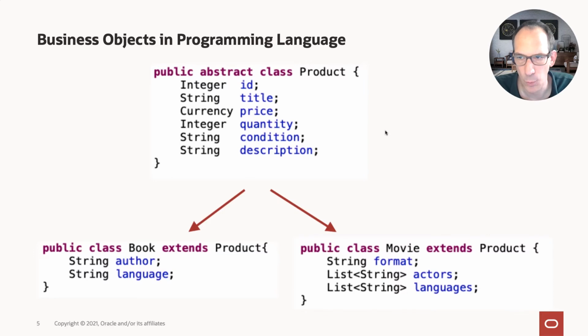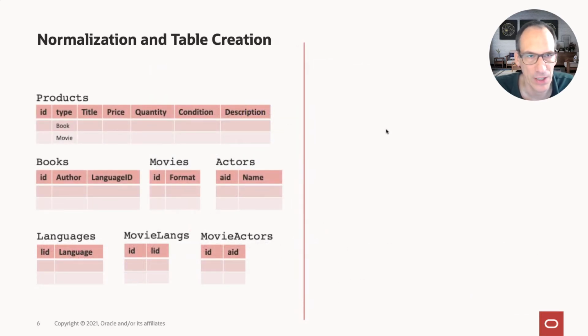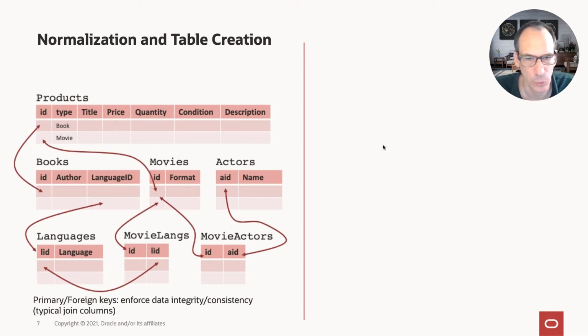But the moment I would map this to the relational model, I would have to do something that's called a normalization, where I take my business objects and I map them to tables. And these tables are connected with relationships. For example, you see here that there is a table called movie actor, which connects the movies and the actors.